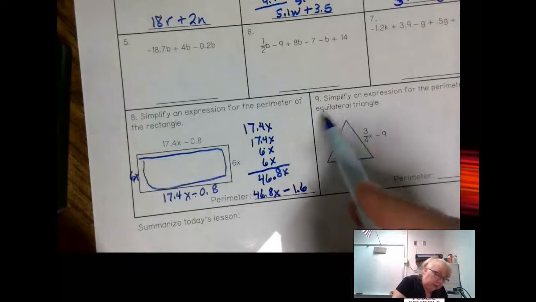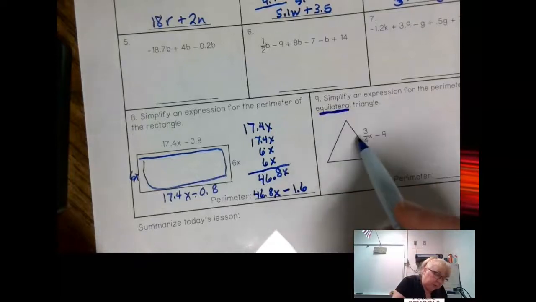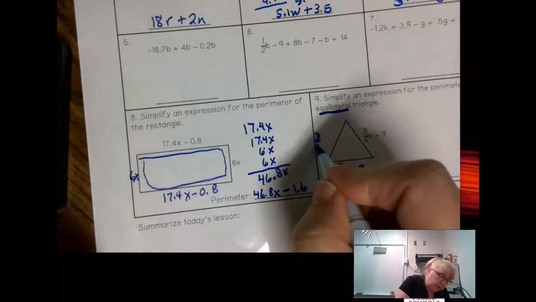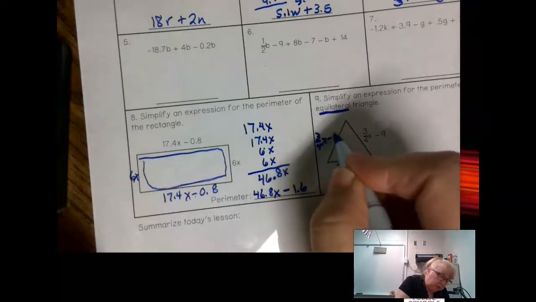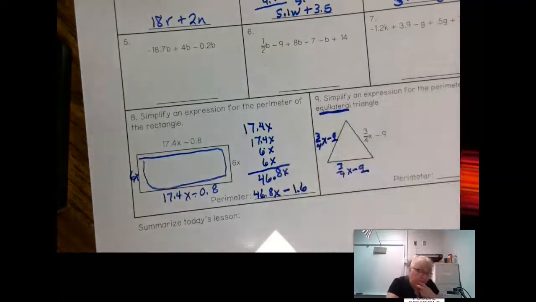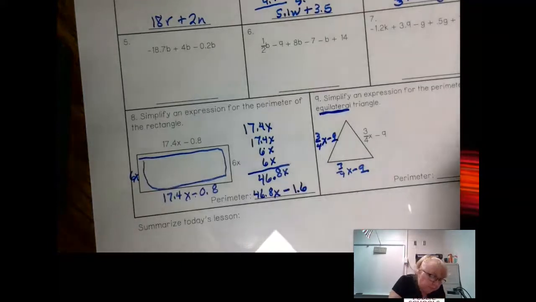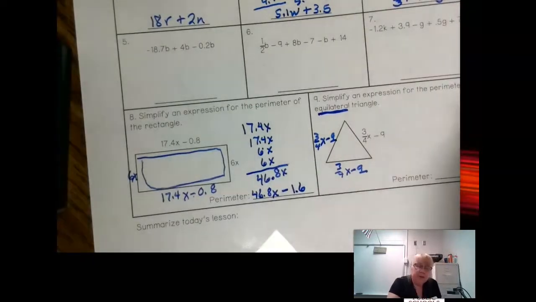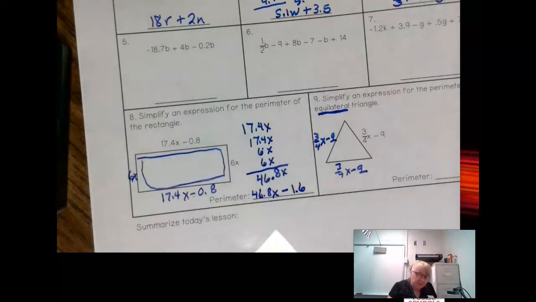This equilateral triangle, equilateral means all the sides are the same, so that's just 3/4 x minus q and 3/4 x minus q. And, well, they might have intended that to be a 9, but we're going with q since that's what I said. 3/4 and 3/4 and 3/4.